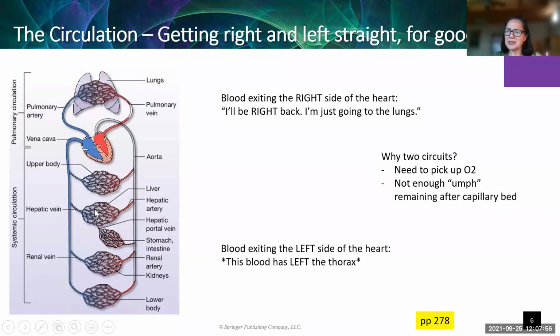Have you ever wondered why so many of our drugs damage the liver? The liver is the first line of defense against poisons. And so that stuff has to go through here before it gets into general circulation. Okay, but it's lost a lot of oomph by the time it gets through the capillary bed here. All right, and so most of the body can't do it that way. So you have these double circuits.